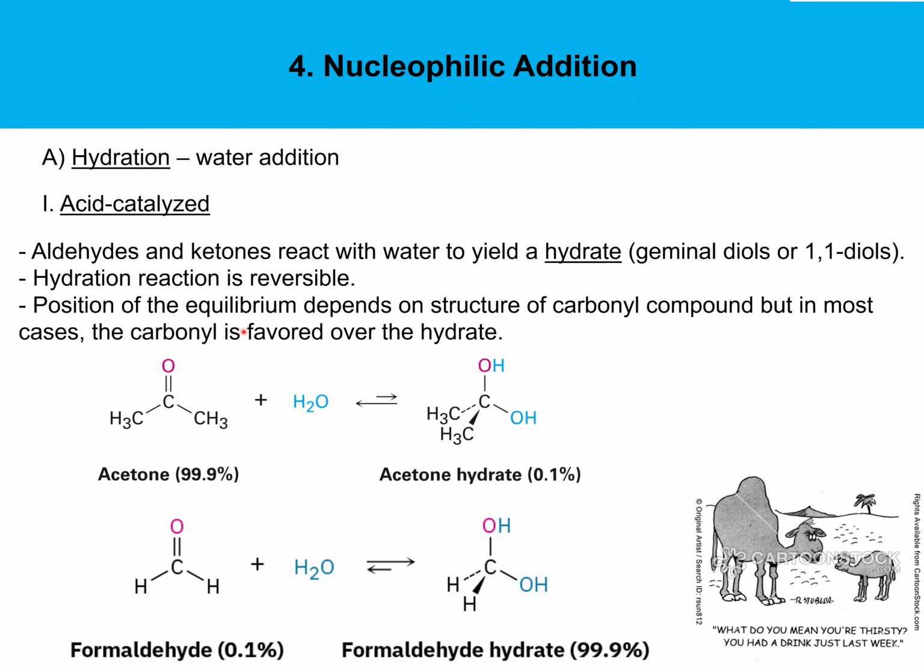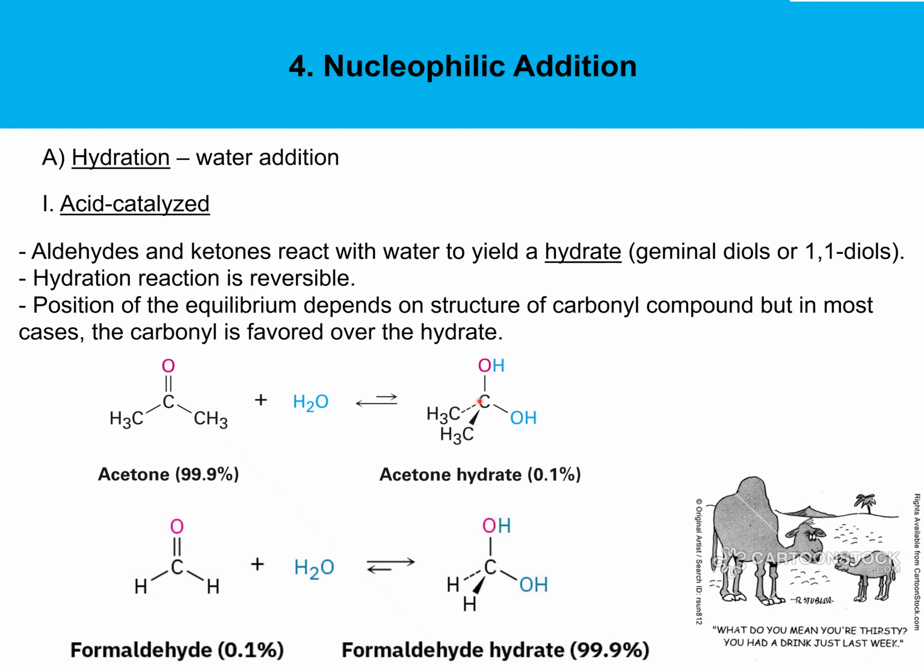When an aldehyde or ketone reacts with water, we create a diol, a 1,1 diol, meaning the two alcohols will be on the same carbon. An example is shown here with acetone reacting with water, producing a hydrate, or a 1,1 diol, another name for it.